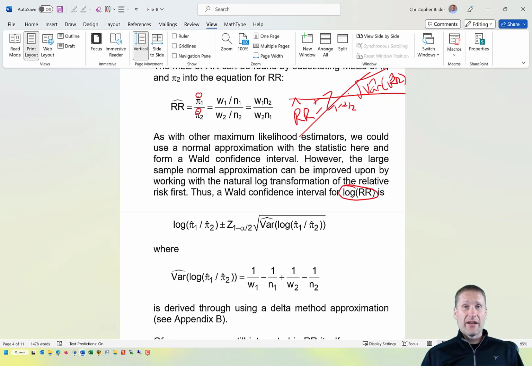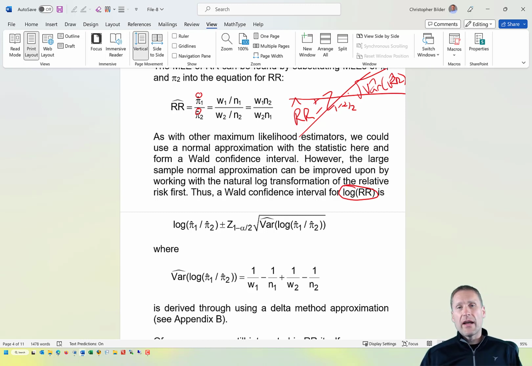This is an example of that here. So working with the log transformation ends up getting you a better standard normal approximation than if you wouldn't have been working with it to begin with.